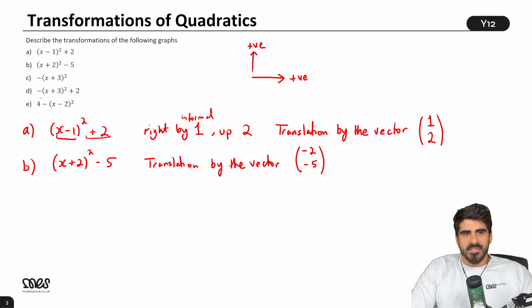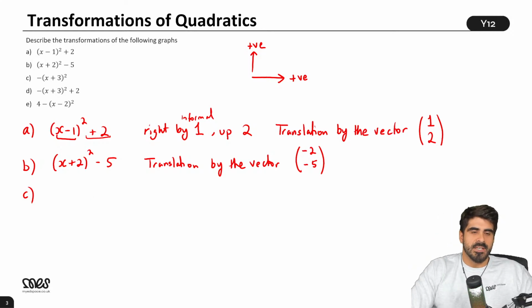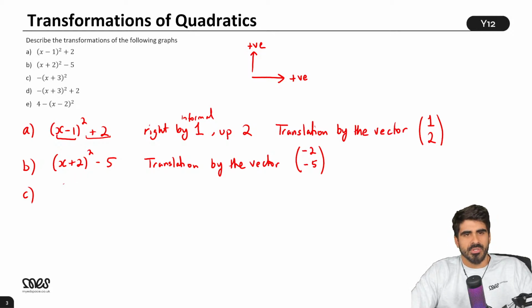Now, guys, look at part C. There's an extra transformation here. Do any of you guys know what it is? Because there's a negative bracket x plus 3. Do any of you guys know what's going on there? Aaron, reflection in the x-axis. Now, you're all in agreement that it's a reflection. We have to decide whether it's in the x-axis or the y-axis.